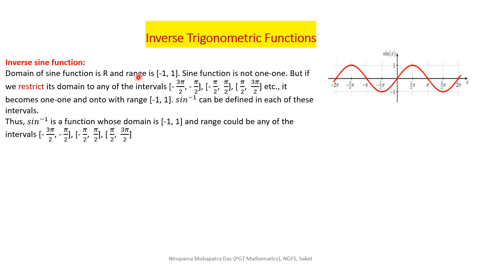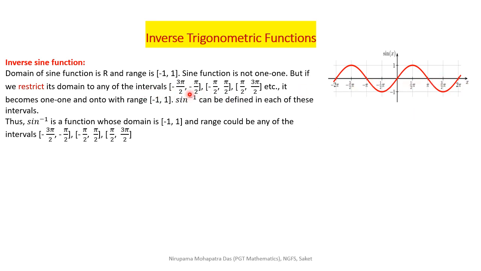But if we restrict the domain of sine x to any of these intervals, like minus 3 pi by 2 to minus pi by 2, just look at the graph, this portion, then minus pi by 2 to pi by 2, then pi by 2 to 3 pi by 2, and so on, we can have many such intervals, right?